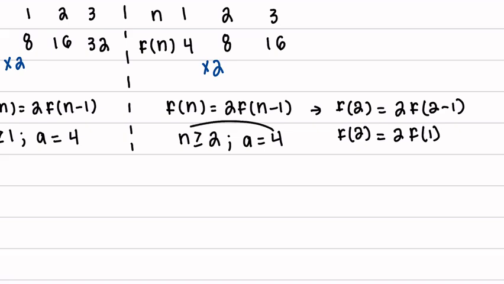And we know based on here that f of 1 is equal to 4. So I would have f of 2 is equal to 2 times 4, which equals 8. That's how you use the recursive rule. So I found the next term value, and I would just have to keep doing that. Multiply that by 2, multiply that by 2.